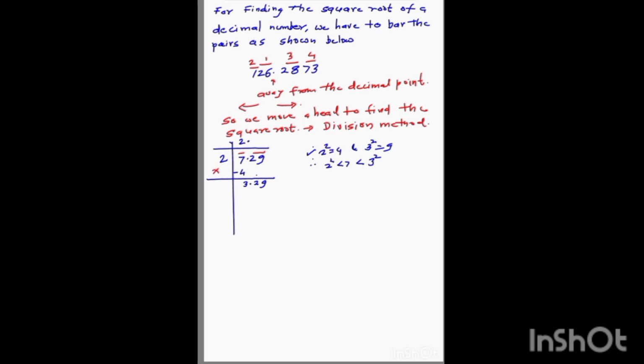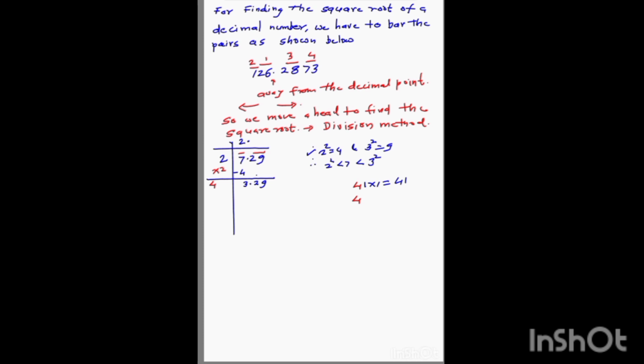Now multiply this 2 by 2, that is 4, and on the right-hand side take 4_ times a blank digit. 41 into 1 is 41. You know how to carry this out. You are familiar with this method.